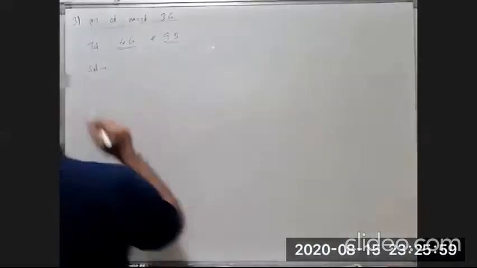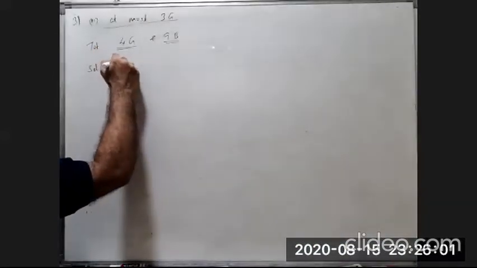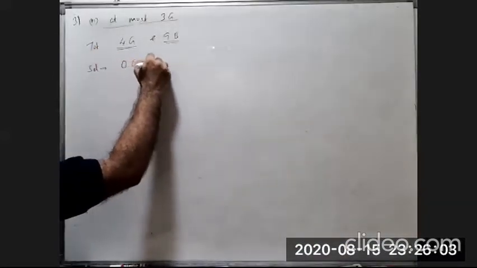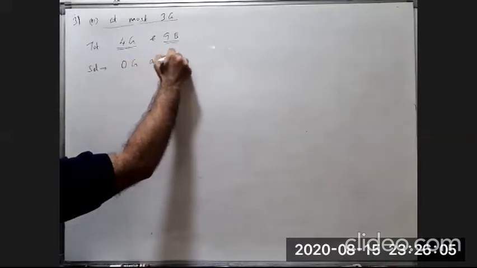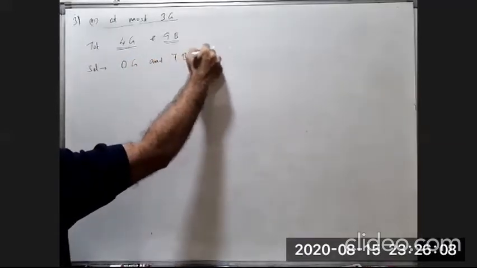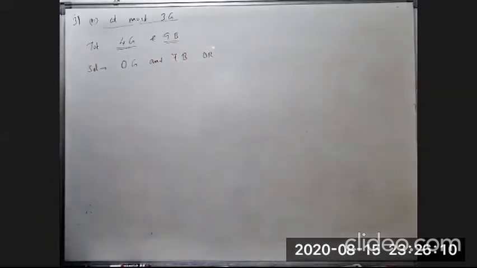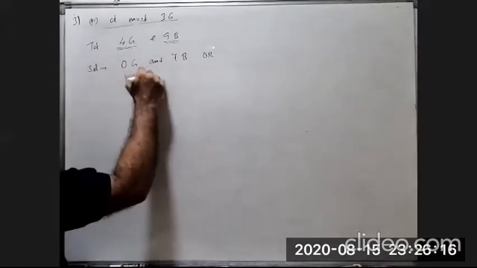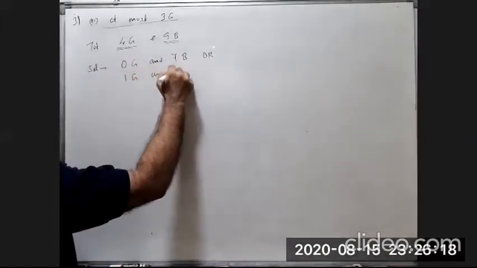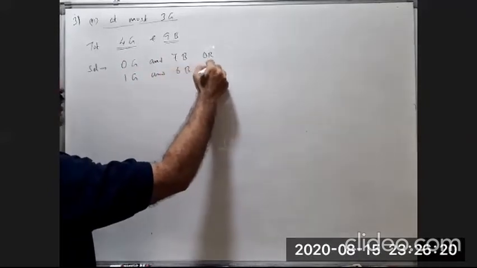So, from 4 girls, it can be 0 girls and all 7 boys. Or it can be 1 girl and the remaining 6 boys.